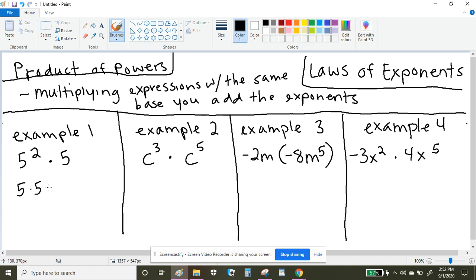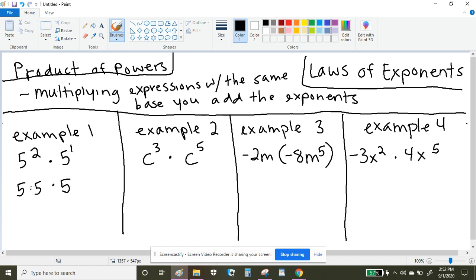So we got 5 times 5. And then this one has an invisible 1 here. Whenever you see a number that does not have an exponent, that means its exponent is 1. So all I have to do here is carry down this 5. I only have one 5, so that's what I'm going to carry down here.